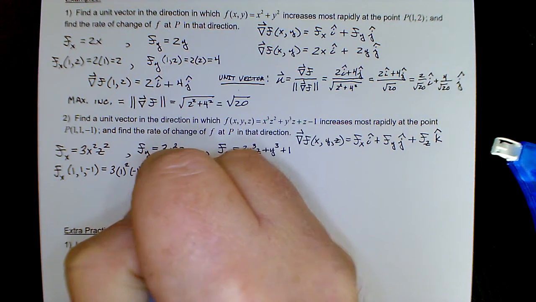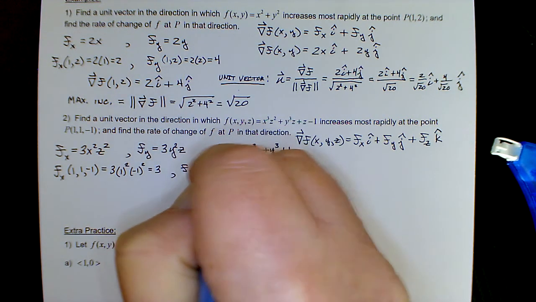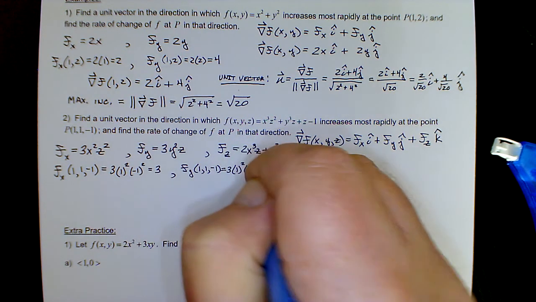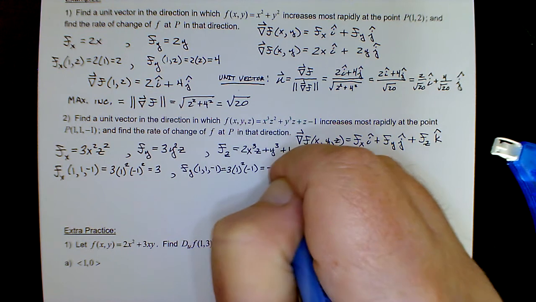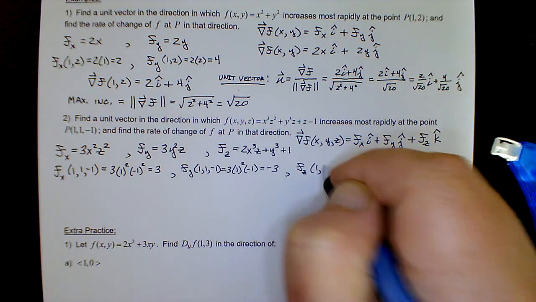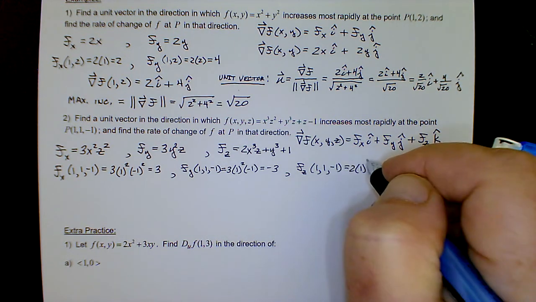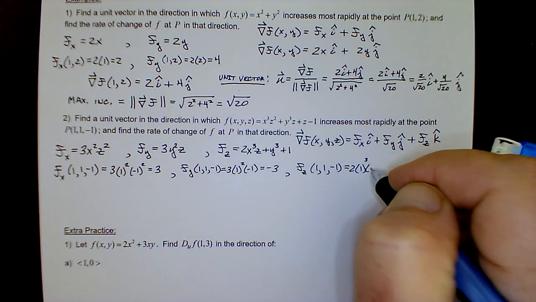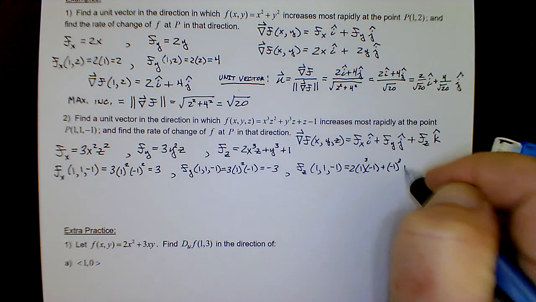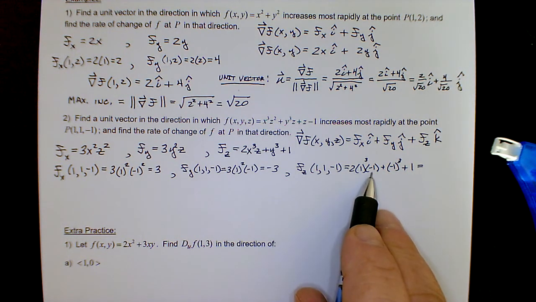That's 3 times 1 squared times negative 1. So that's negative 3. And f sub z at the point 1, 1, negative 1 is 2 times 1 cubed times negative 1 plus the negative 1 cubed and then plus 1. So it looks like we get a negative 2 minus 1 and plus 1.